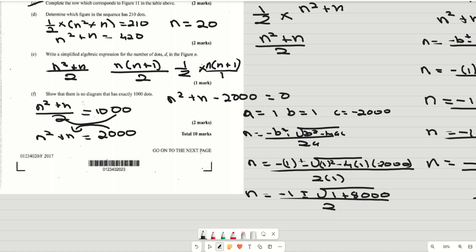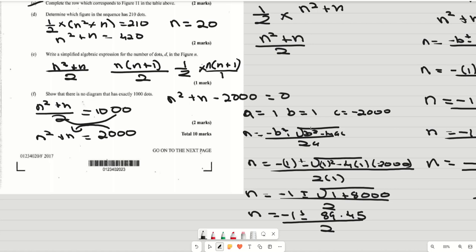Now, as soon as we do this, you are going to say n is equal to negative 1 plus or minus the square root of 8,001, and you are going to get a decimal, 89.45. I approximated to 2 decimal places.